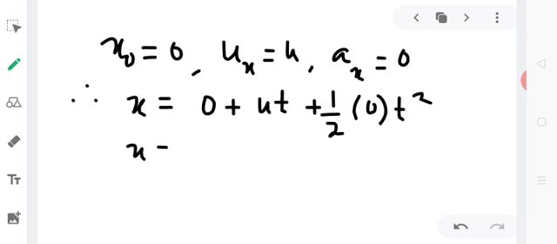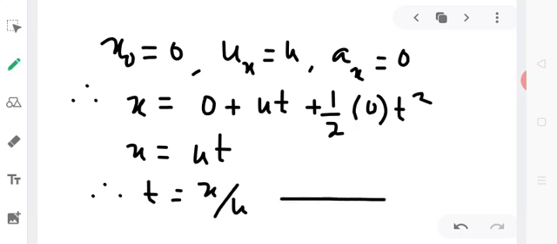That gives us x equal to ut. Therefore, t will be equal to x divided by u. Mark this as equation number 1.